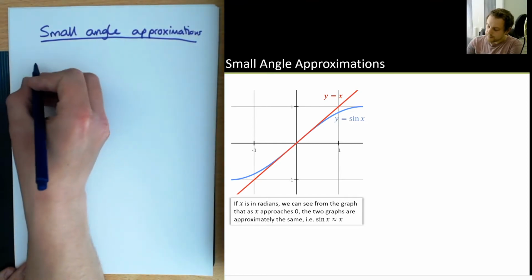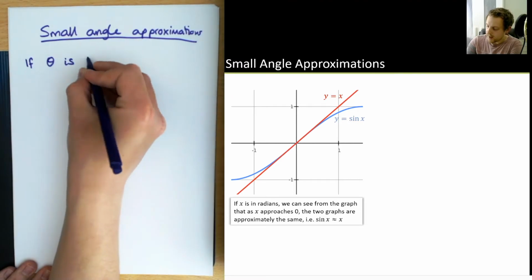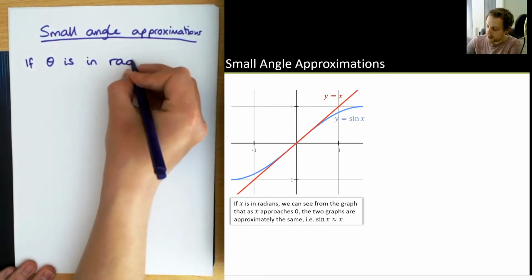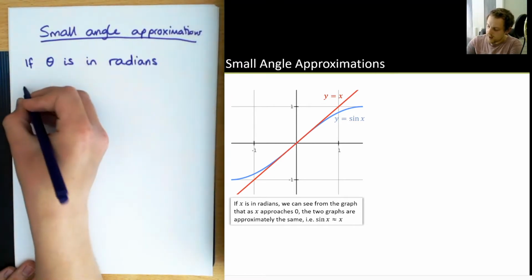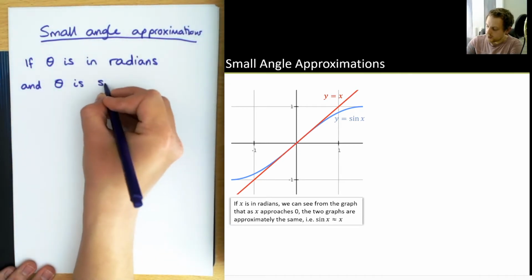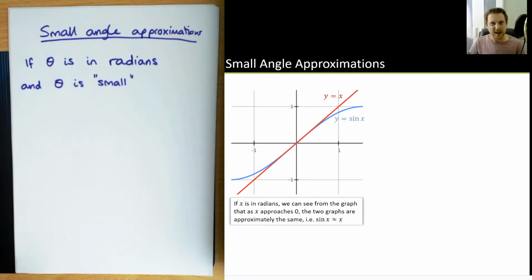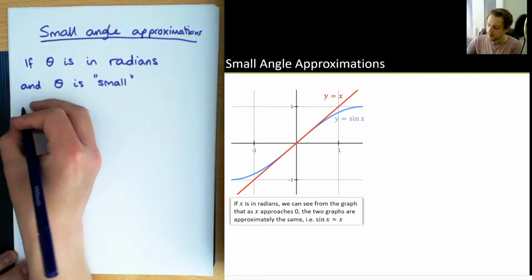Okay, so if theta is in radians and theta is small, so again, what exactly small means, well, I'll show you in a second.